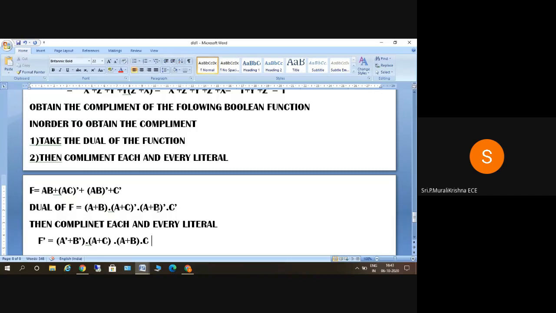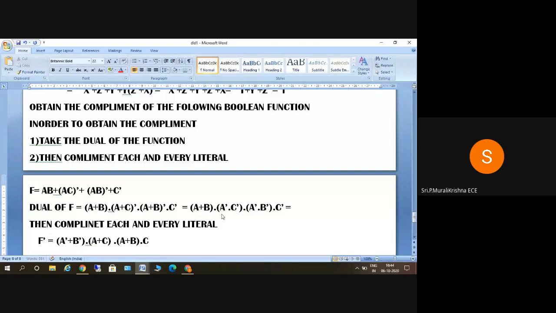So we'll do one thing. We'll expand this. Maybe that may be the error. A plus B is fine. So first of all, find the duality of this. A plus B fine, and here what we have to do, A bar dot C bar. Okay, so that is A bar dot B bar dot C bar.